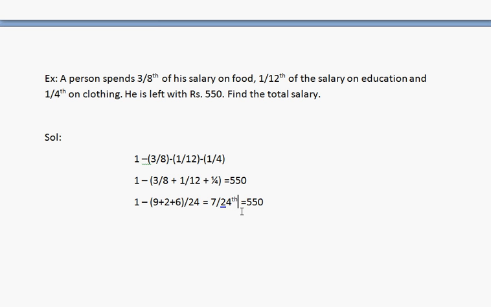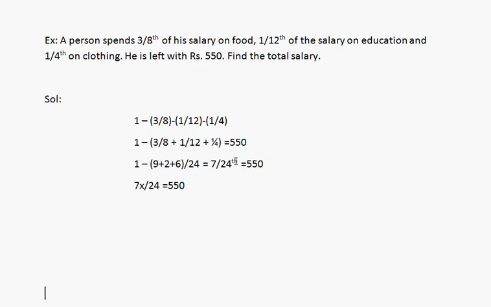If the salary is x, 7x by 24 is equal to 550, and hence we can find x. So that's how we do it. We take the whole out of whole salary, which is one whole, he has spent this amount, right? So that's how we do it.